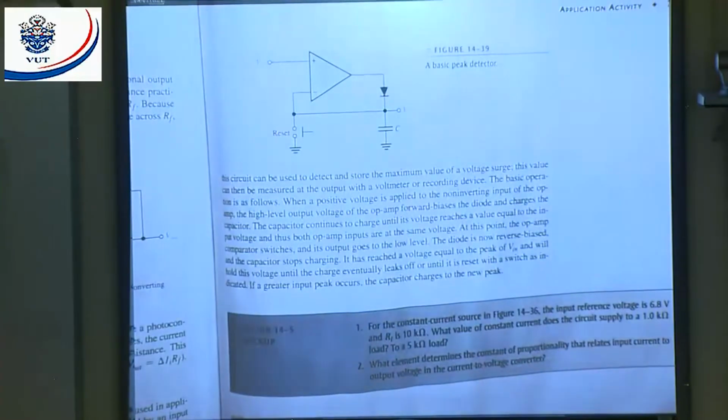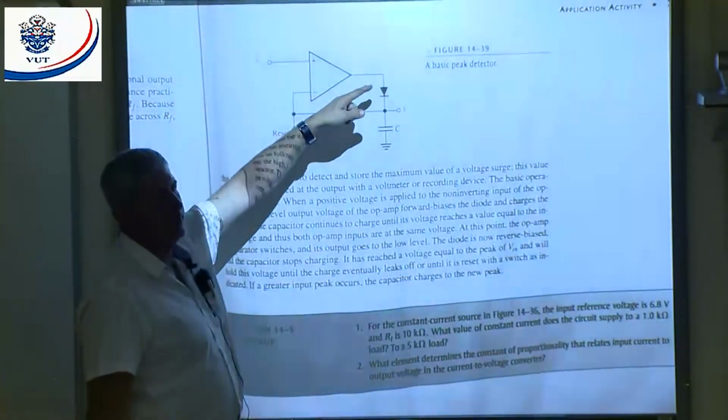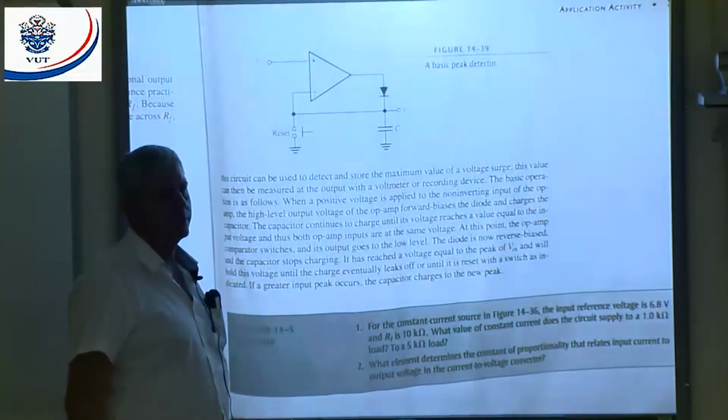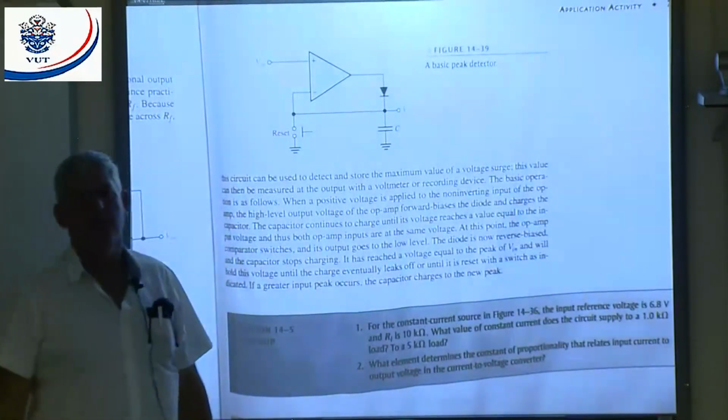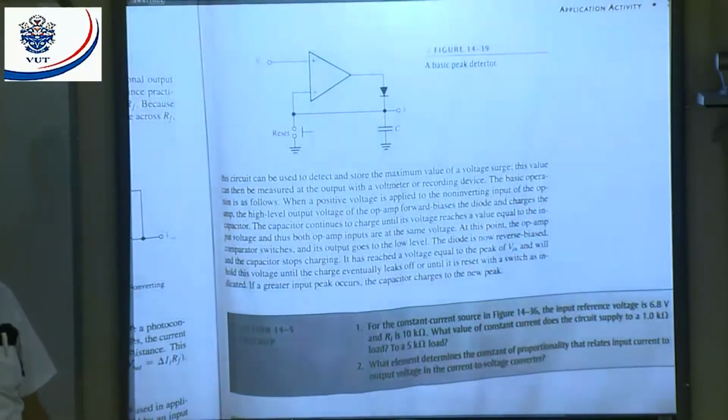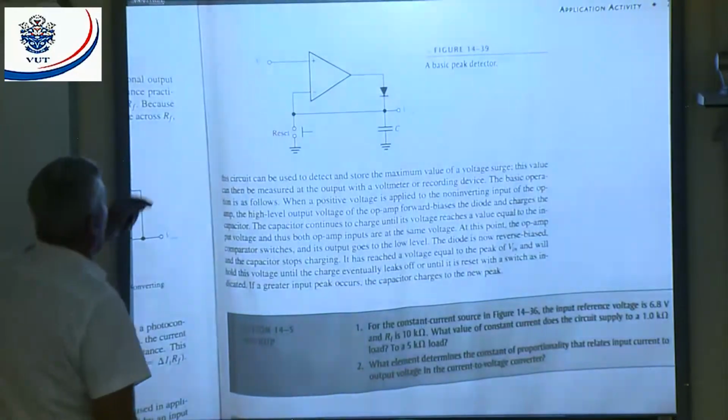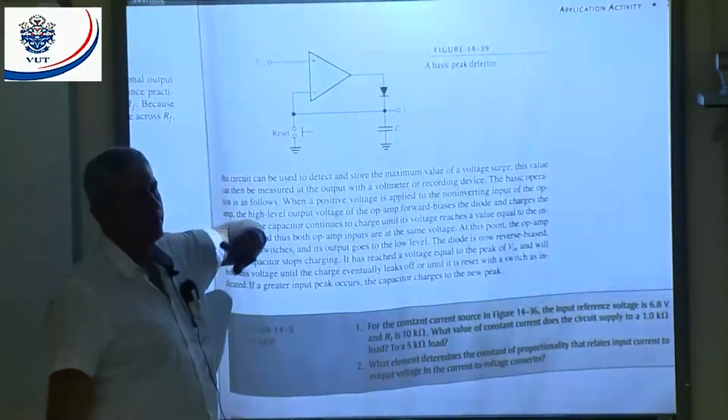If I apply positive, where will the output go? Negative, all right? Will the diode be forward biased or reverse biased? It will be reverse biased. When it's reverse biased, will it work? No. That means when I apply a negative, where will the output go?